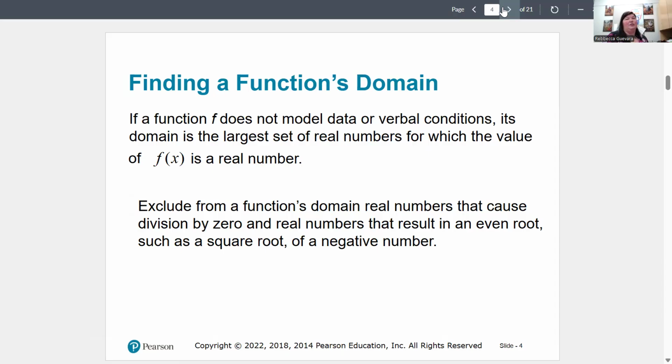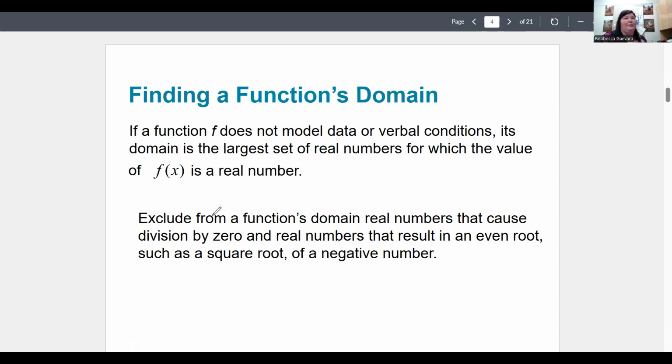So we exclude from a function's domain real numbers that cause division by zero or real numbers that result in an even root, such as a square root of a negative number. Those aren't necessarily the only places we worry about, but for us now with the functions that we have available, this is what we worry about.